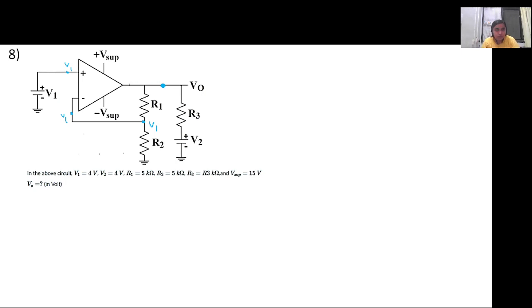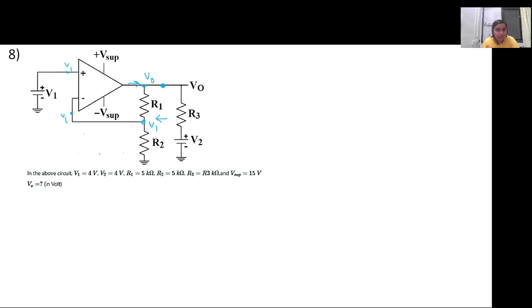So do we know the current from here? No, that current we do not know, right? So instead of that, we will just apply KCL at V1. KCL at V1 would be an ideal option because we know the node voltage here, V naught.